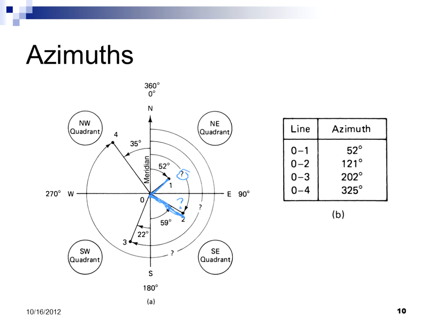The azimuth of line 0 to 2 is going to be equal to 90 degrees plus this amount here. Yes, 90 plus 90 minus 59 degrees, exactly, which is 121 degrees. So the azimuth of line 0 to 2 is equal to 121 degrees.